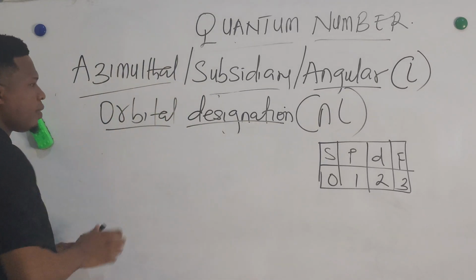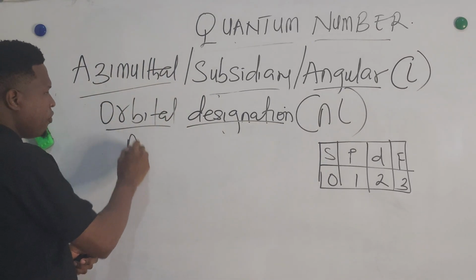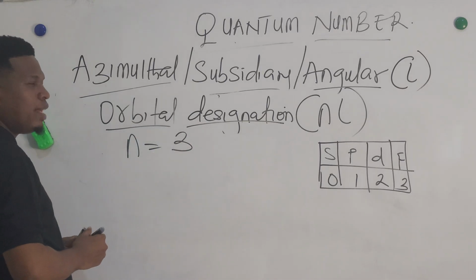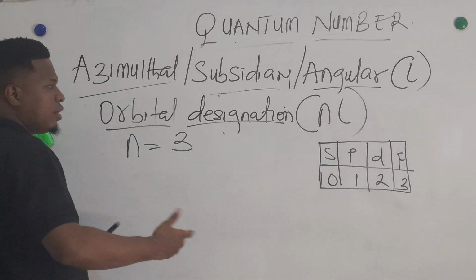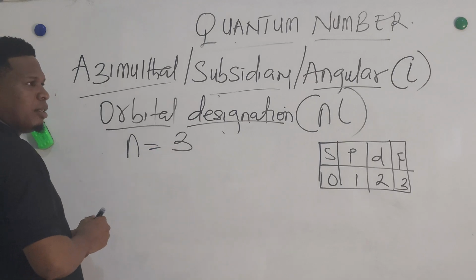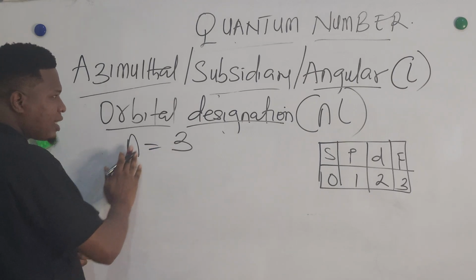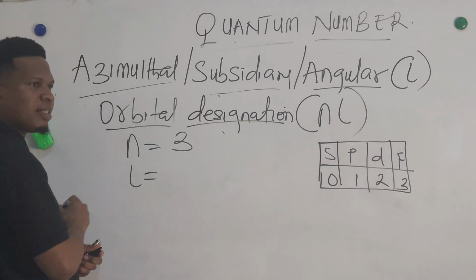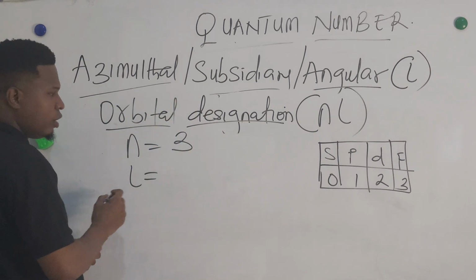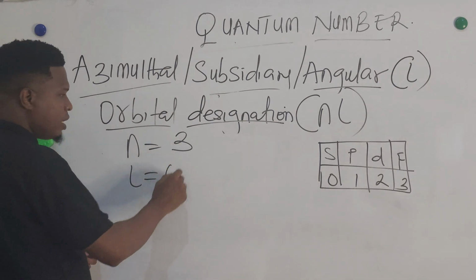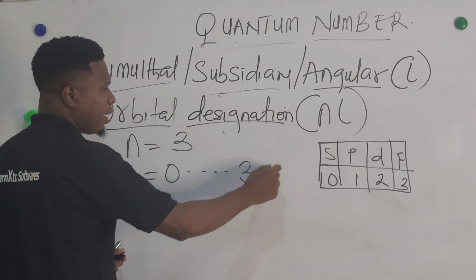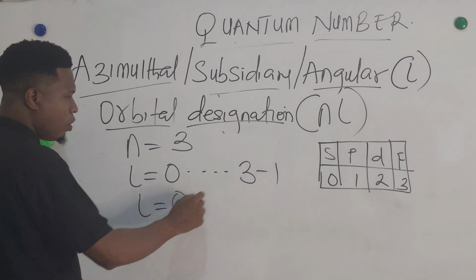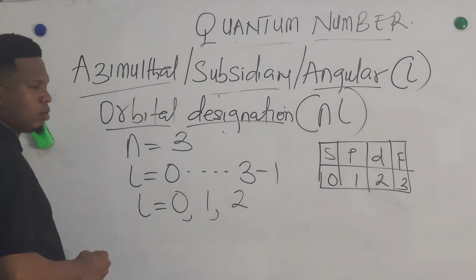What if we have something that is not specific? Watch. For example, if n is equal to 3, and you are asked to find the orbital designations of this n, how do we find the possible orbital designations? I will get the value of l first. I told you the possible values of l go from 0 through n minus 1. So l is equal to 0, 1, 2.